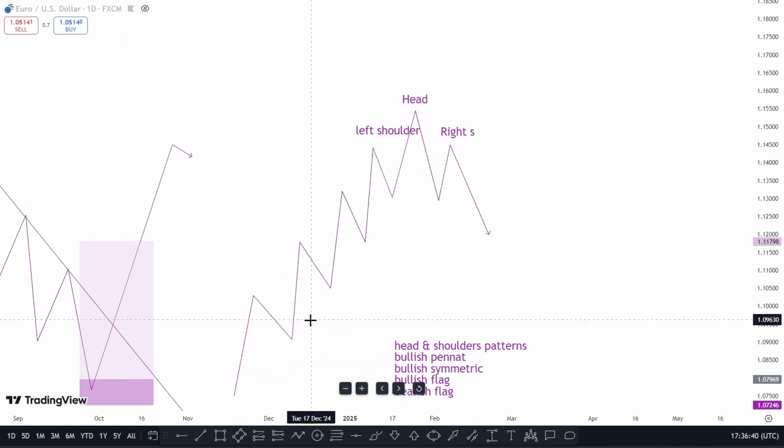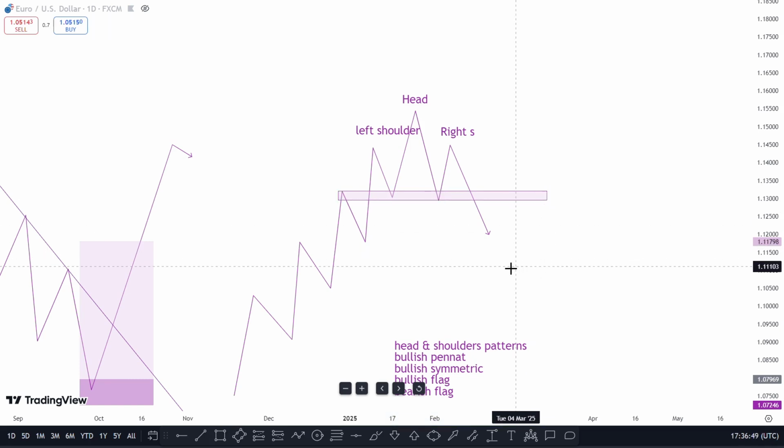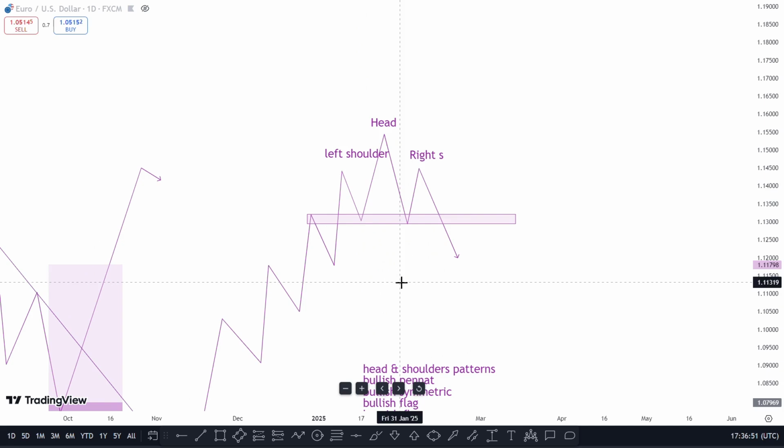And this very zone right here is what is known as the neckline.